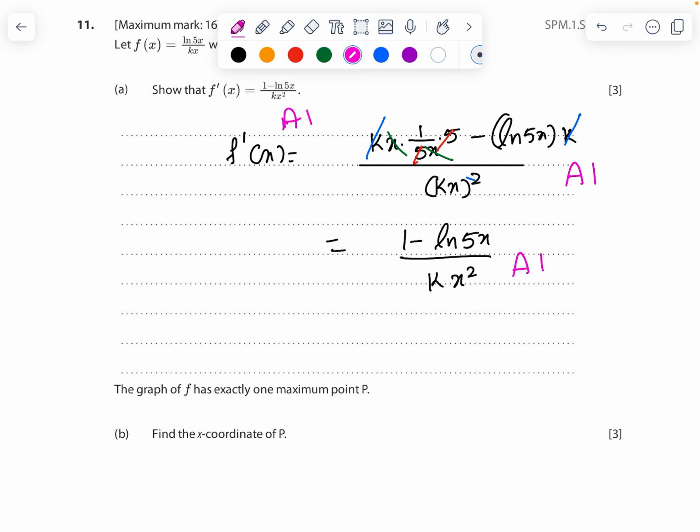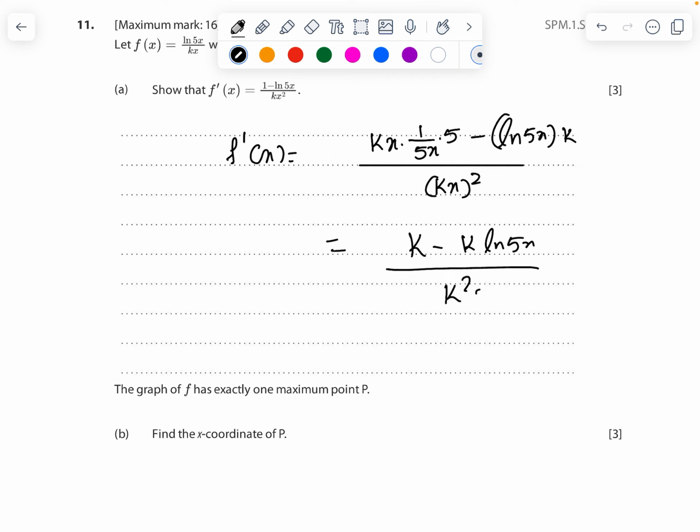So what am I going to do? I have to justify my cancellation. So therefore I will be writing all the steps in detail. So it will become, kx and kx get cancelled. So x and x get cancelled. So it will become, what does it become? K minus k ln 5x divided by k square x square.